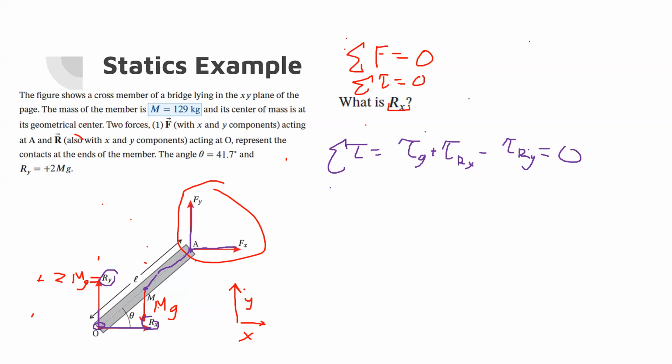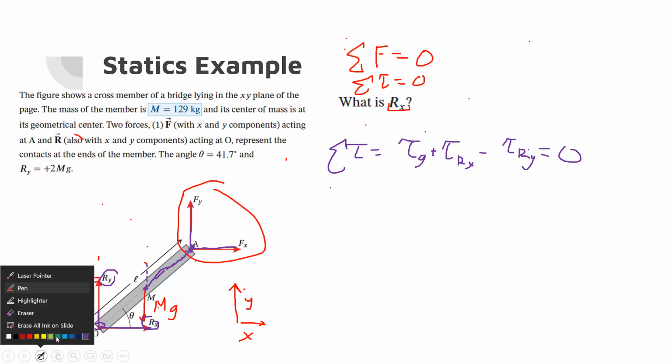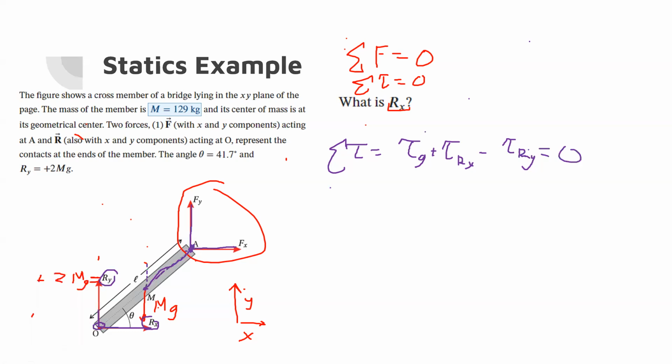The way I like to do it is this: this is my axis of rotation, this point right here. I draw what's called a line of action for each of the forces that I know exert a torque. It's basically continuing the line of the force.